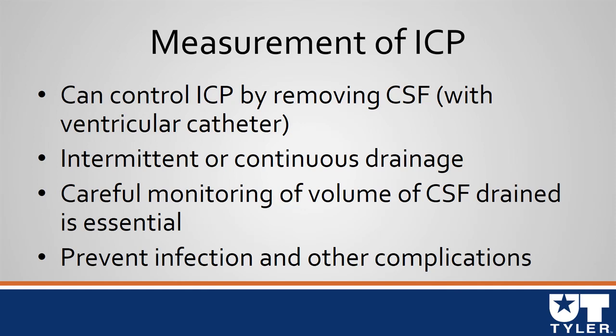If, however, continuous ICP drainage is ordered, we want to carefully monitor the volume of CSF drained and keep in mind that normal cerebral spinal fluid production is about 20 to 30 milliliters per hour, with a total CSF volume of about 150 milliliters within the ventricles and subarachnoid space.